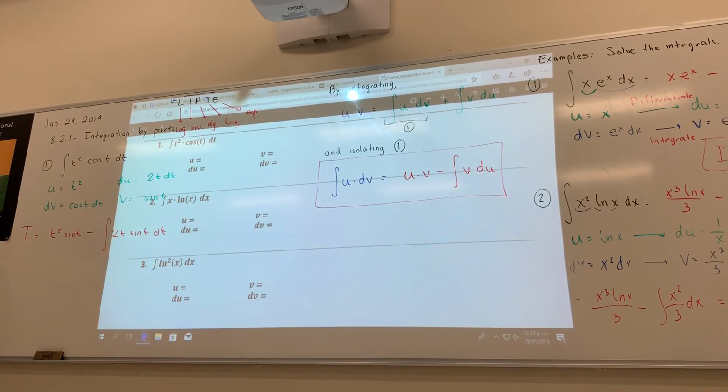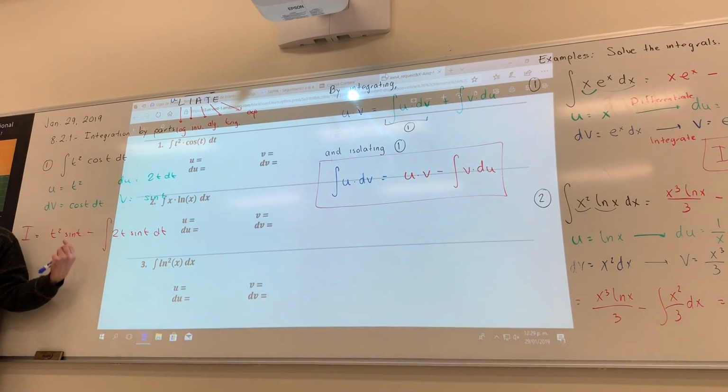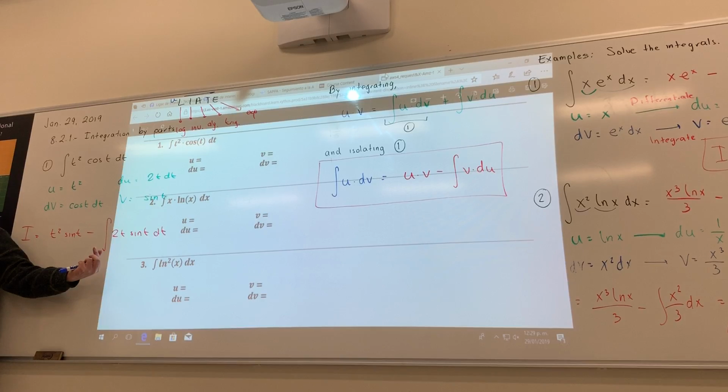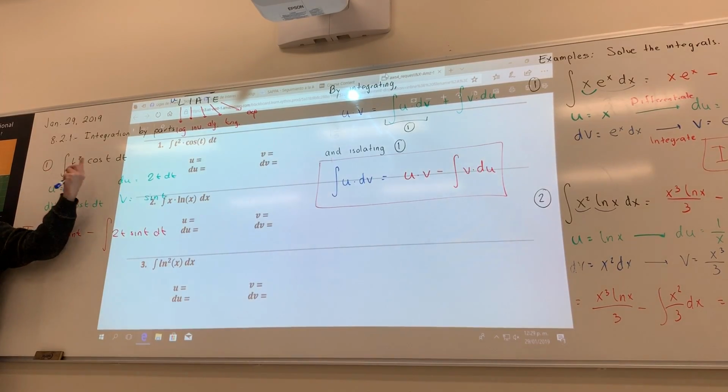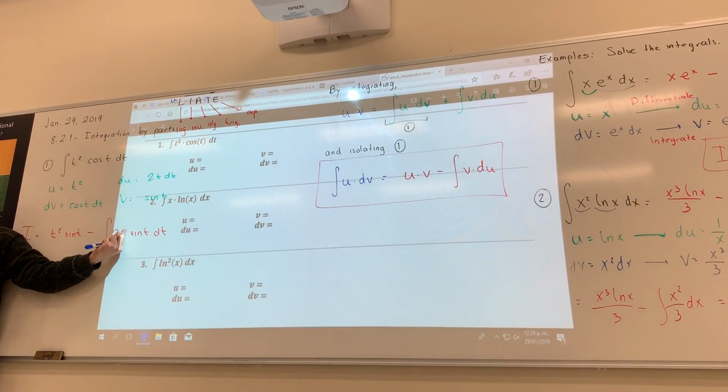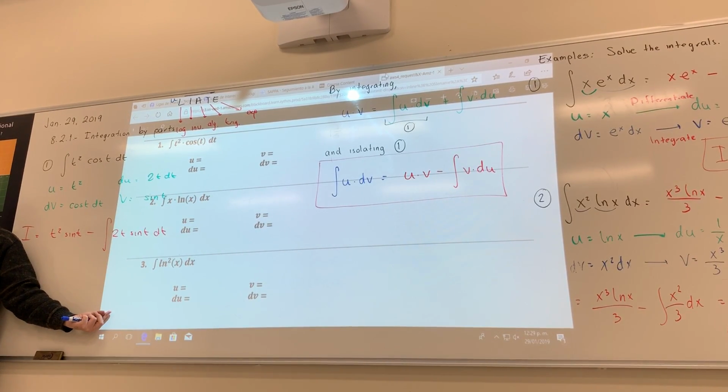Now the question is, can I solve this integral directly? No. What do I do? Again. But the degrees are getting lower, so we're going to finish eventually.